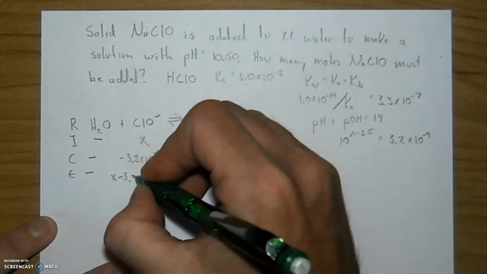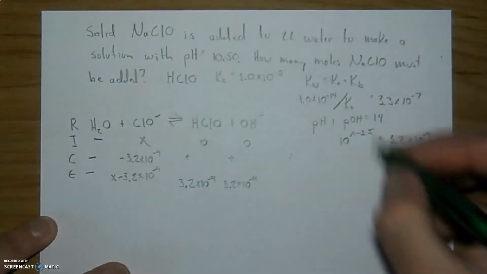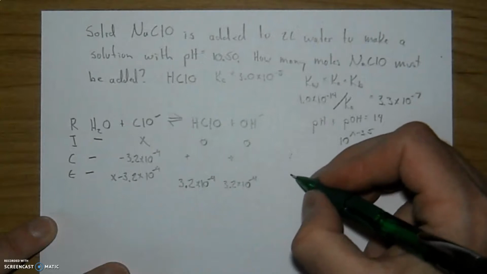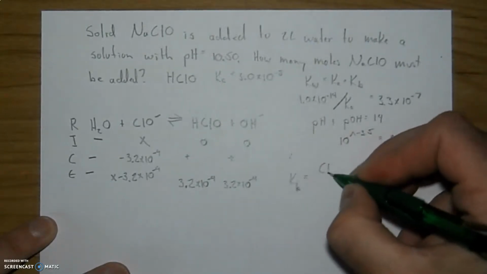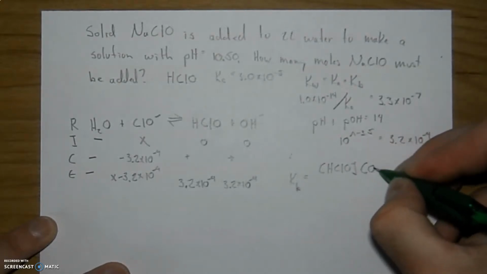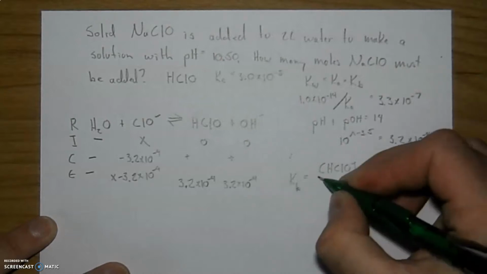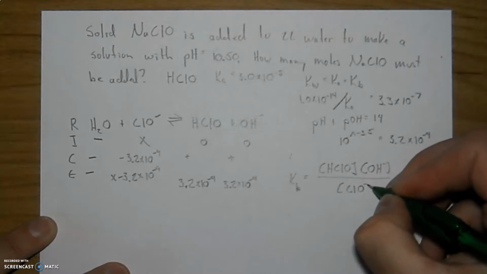All right, now how is this supposed to work? Let's put it together and see if we can find out. Now let's remember that if we're doing a Kb, it works just the same, products over reactants. HClO times the OH concentration, over, no water, ClO minus.